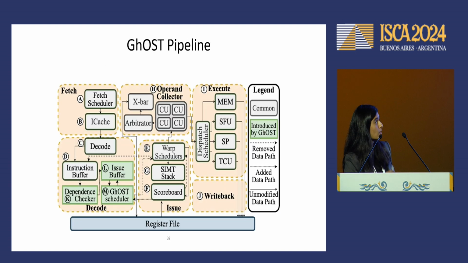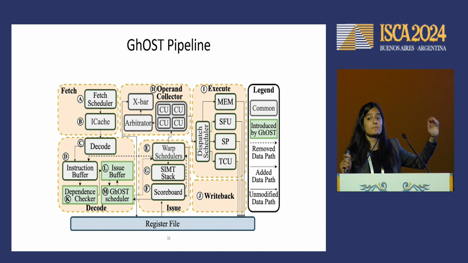And to do this, Ghost actually makes very few modifications to the pipeline. So we add the dependence checker, the Ghost scheduler, and the issue buffer. What to notice here is that all the modifications made by Ghost are constrained entirely within the decode stage. And the interfaces to all other parts of the pipeline are virtually unmodified.